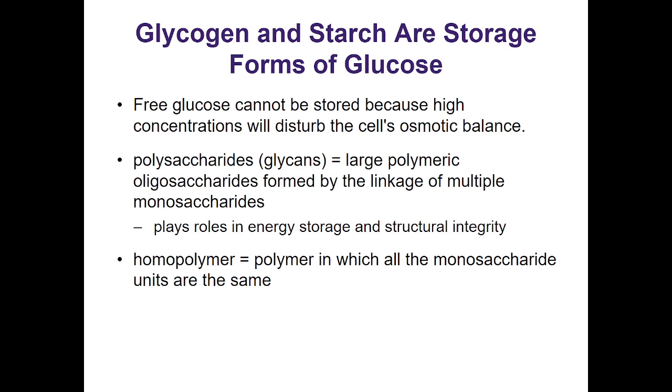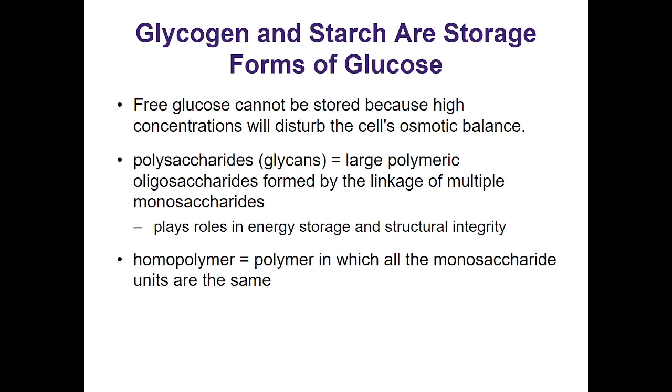So you can't store it as free glucose. Your cells would burst or get their proteins reacted with. So your polysaccharide glycans are going to be large polymeric oligosaccharides, formed by the linkage of multiple monosaccharides. These will play roles in energy storage and structural integrity.